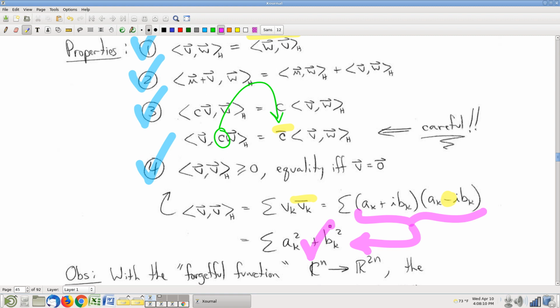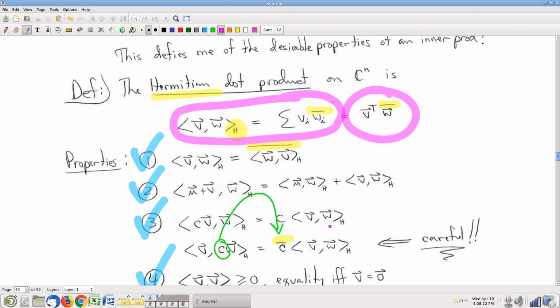So this conjugation is essential for making this behave in a plausible way, and an unavoidable consequence is that we have to conjugate the scalars that we factor out of the right-hand side. So that's an important deal right there.